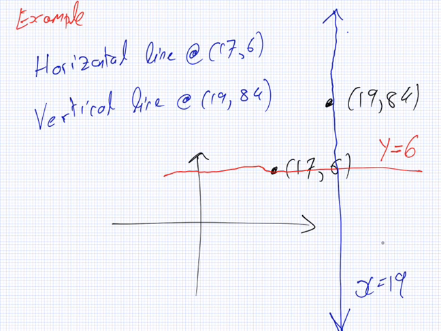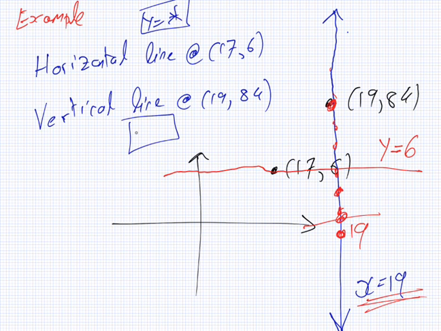Now if you think about it, it makes perfect sense. Here x is 19. Here x is 19. Here x is 19. Everywhere x is always 19. So that's why for the vertical lines it's just x equals. So in other words, for horizontal lines they are like this, y equals a number. And for vertical lines it is x equals a number.